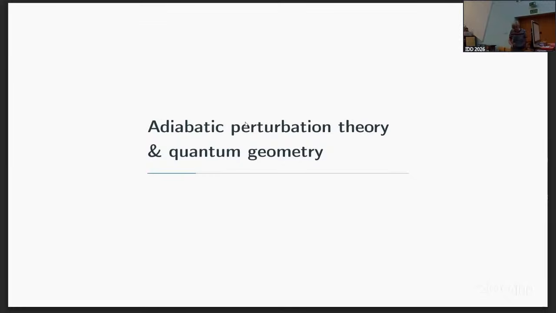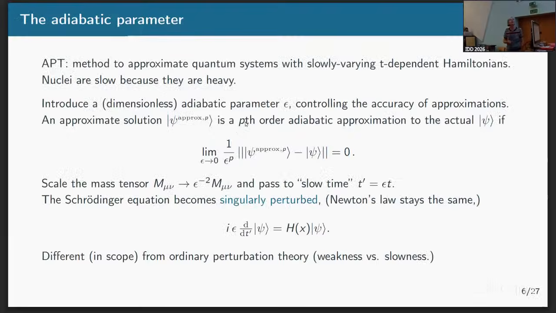how we integrate out the electronic degrees of freedom, and what is really adiabatic perturbation theory. So what we need, as I said in the beginning, is not a perturbative expansion in a weak coupling, although it is assumed that because of the slowness, the coupling is weak.